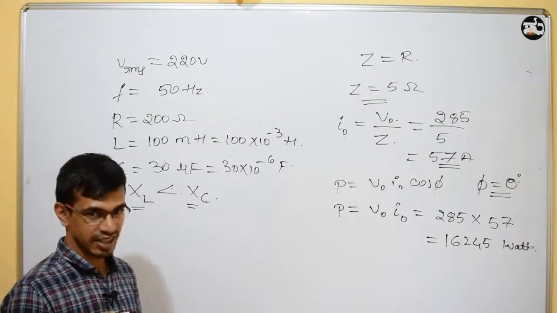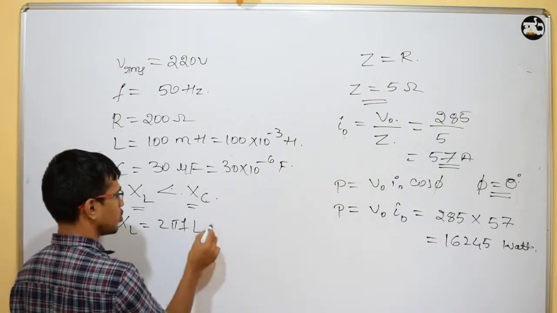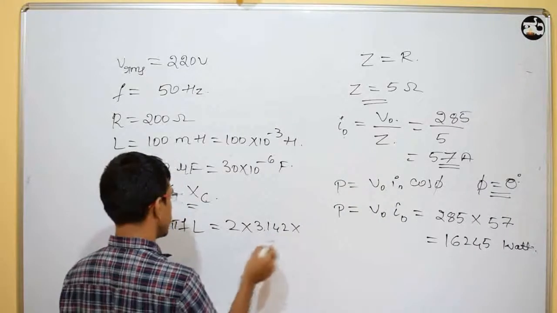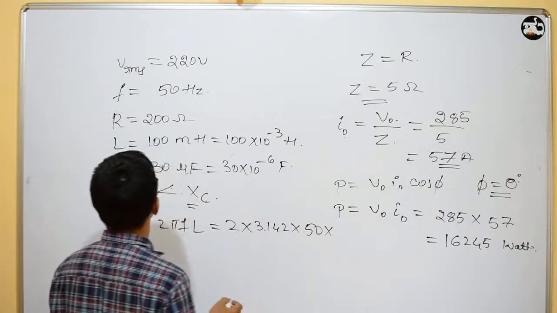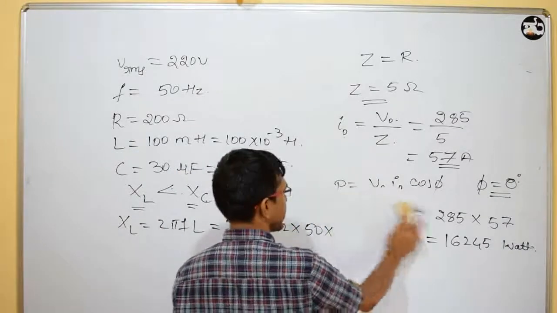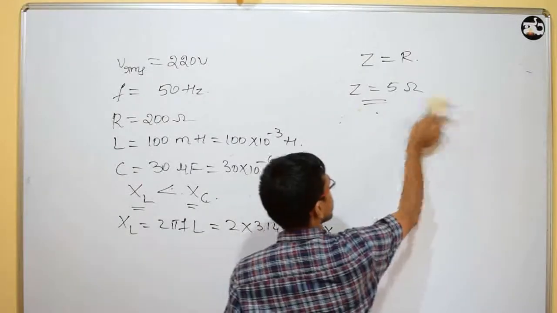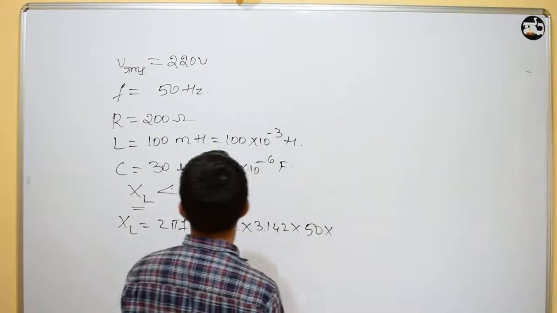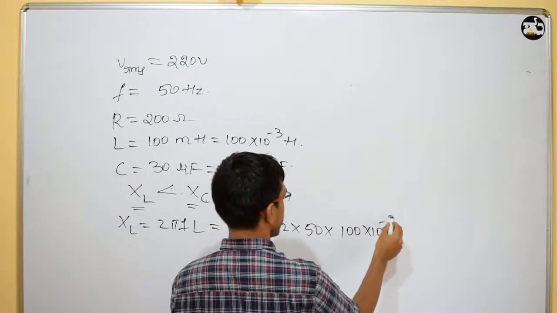As I already said, XL is equal to 2 pi FL. So 2 into 3.142 into F, which is 50 hertz, into L, which is 100 millihenry, that is 100 into 10 to the power of minus 3.